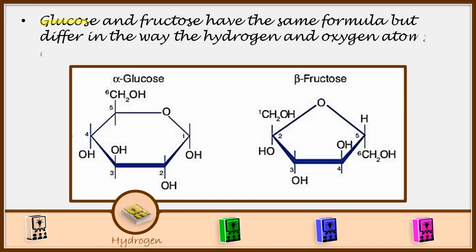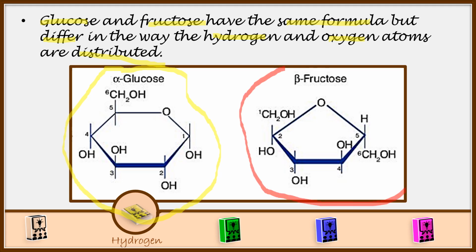Glucose and fructose have the same formula, but they differ in the way that hydrogen and oxygen atoms are distributed. So here we have the glucose molecule, and here we have the fructose molecule.